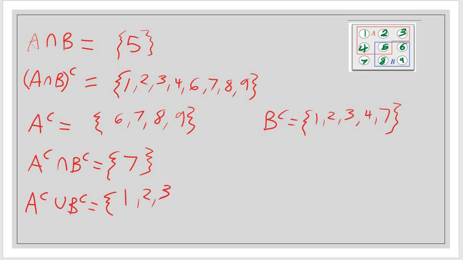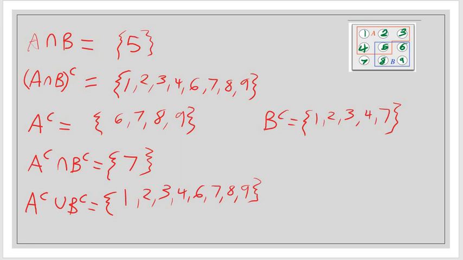So it's everything in my sample space other than 5. And so now I can compare this to what I have here, and these are the same, aren't they? 1, 2, 3, 4, 6, 7, 8, 9.